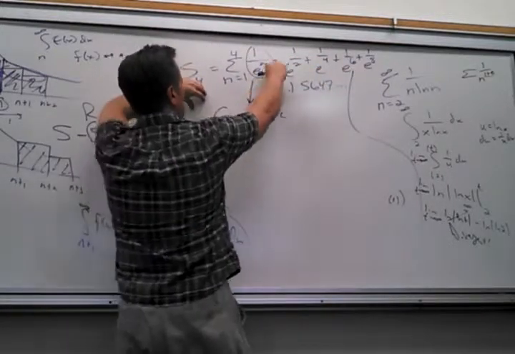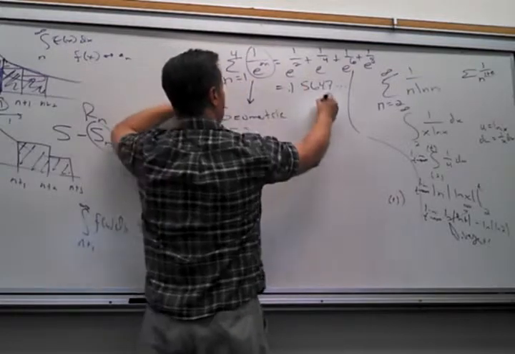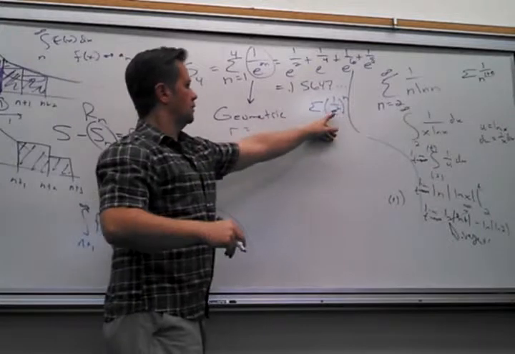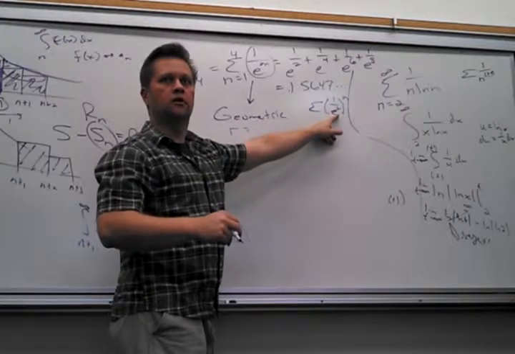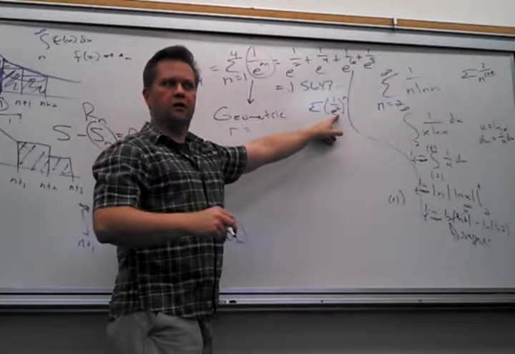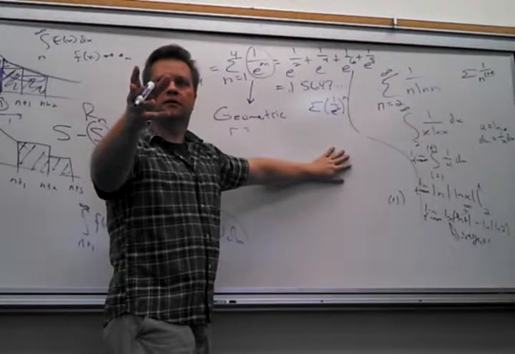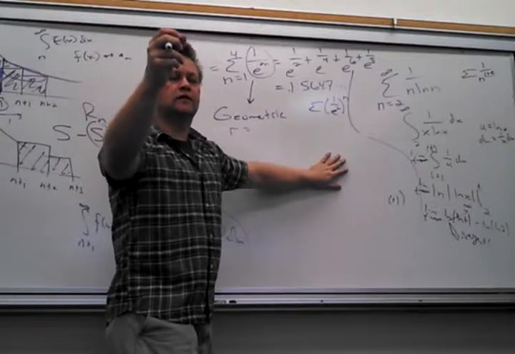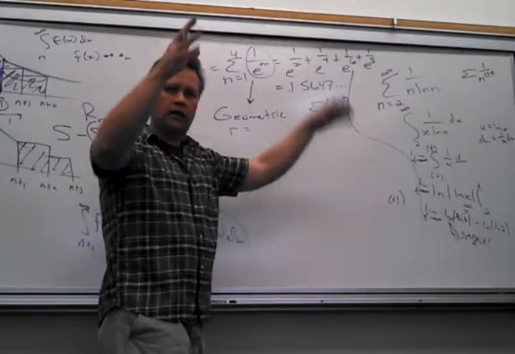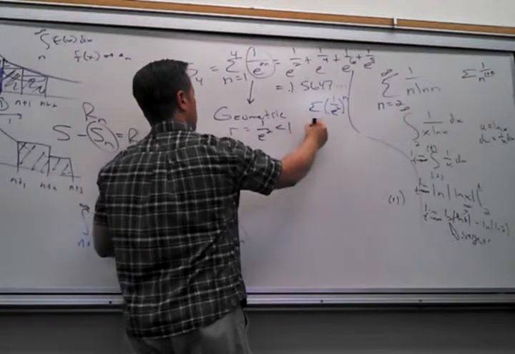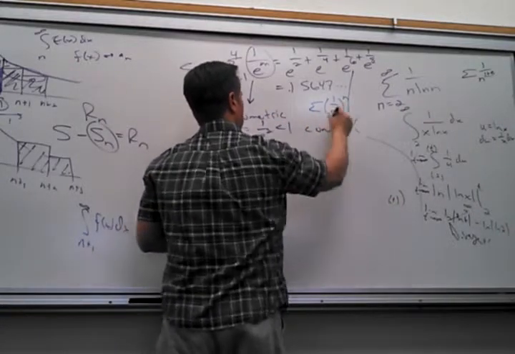And of course, if I take an n power out, I see 1 over e squared to the nth power. Is R less than 1? 1 over e squared, is that less than 1? Yes. Desperately so. So will this converge or not? Yes, because R has to be less than 1 in absolute value, of course. But R is 1 over e squared, which is less than 1. It'll converge.